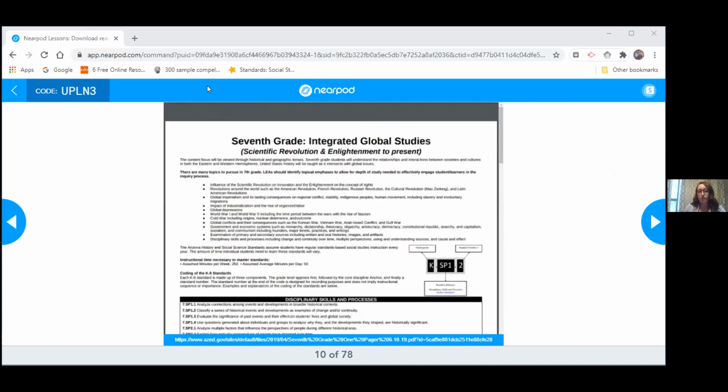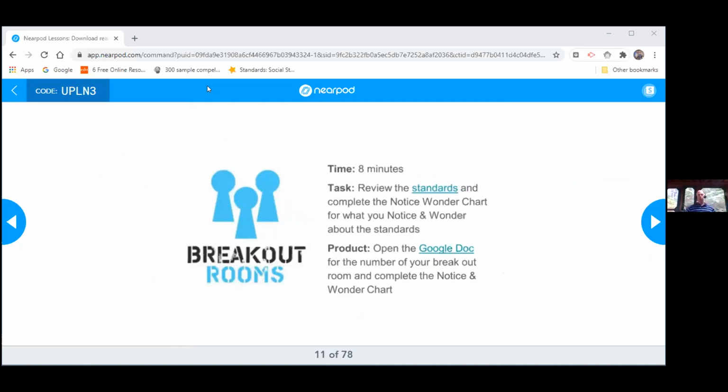The actual standards document has more things for you to dig into in it, including the inquiry elements and some of the other things we're going to talk about today. So that other document's definitely really valuable for you to go back and take a look at, that has multiple grade levels in it. But for our purpose today, we felt like this is the best for your inquiry right now.